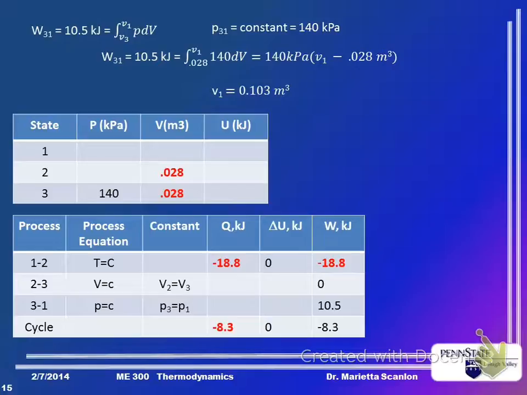Okay. So the reason it shows up negative here is because you're calculating a direct work value. When the question is termed work input, that would be positive because it's work in. Work output is negative.